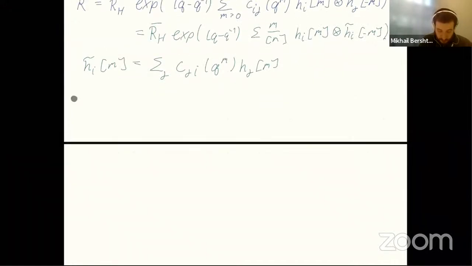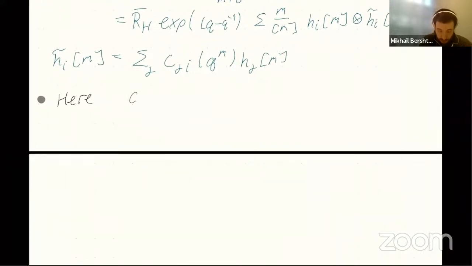So here C_ij without tilde is just a q deformation of the Cartan matrix A_ij, and C tilde is the inverse of this q deformed Cartan matrix.